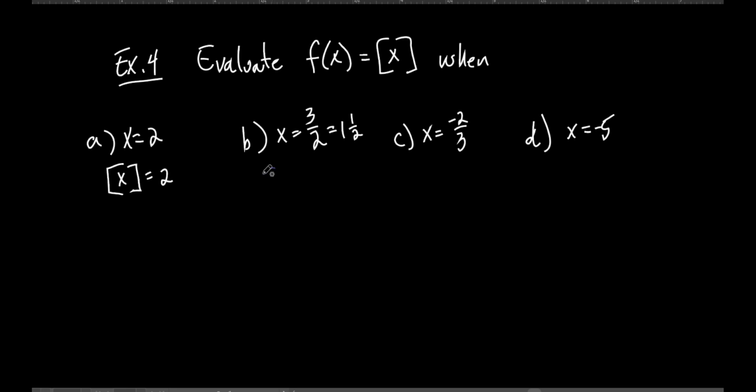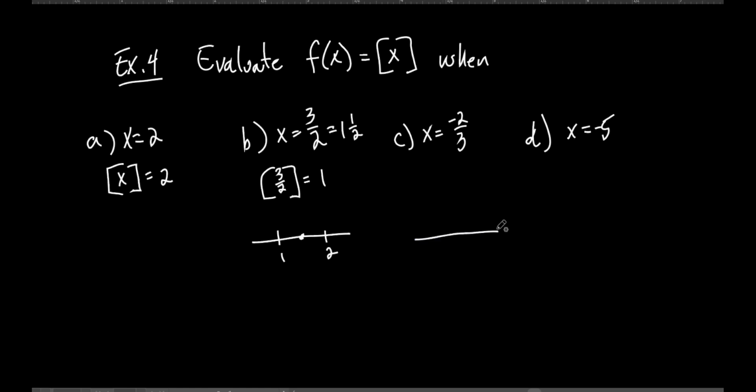So the greatest integer of 3 over 2 is 1. If it helps, do a number line: where's 1.5? It's between 1 and 2. We look just to the left of it, because it's less than. So what integer is just to the left of 1.5? 1 is. But a lot of these you can do in your head.